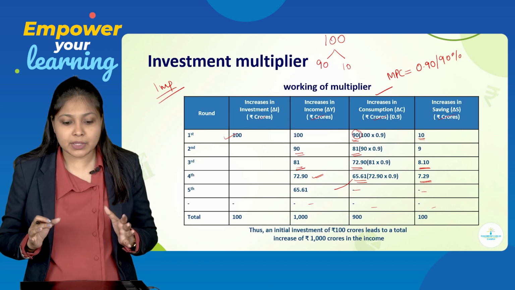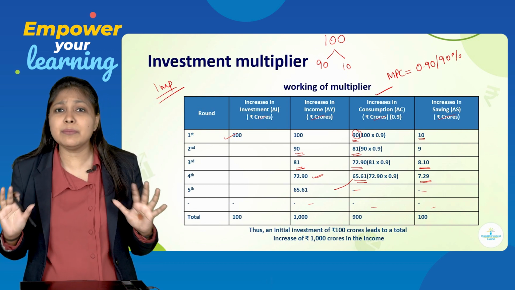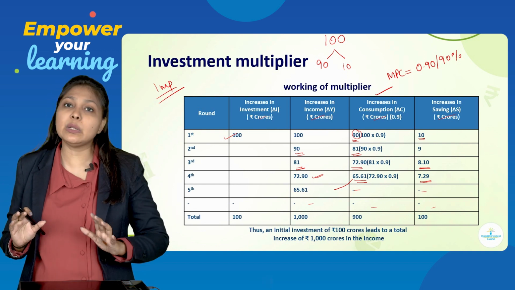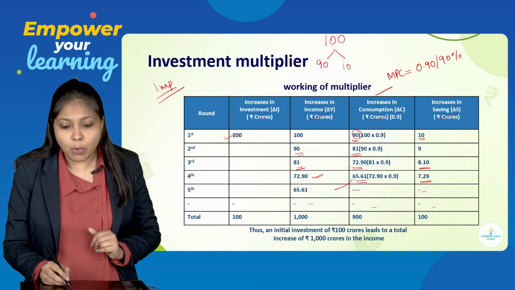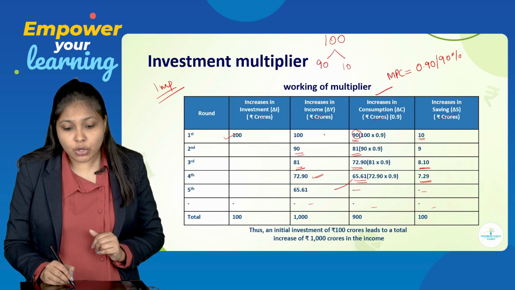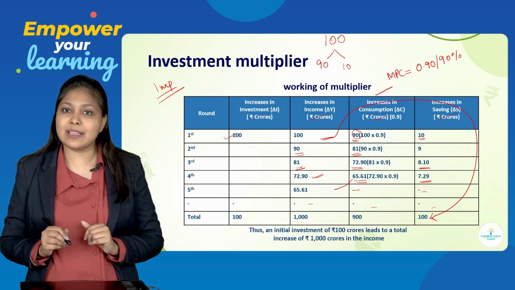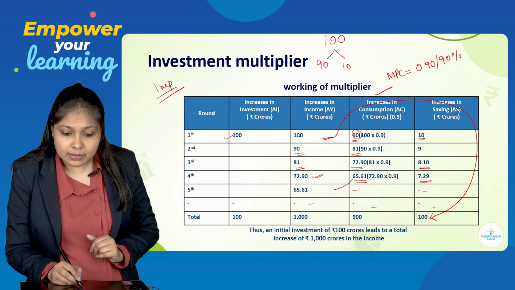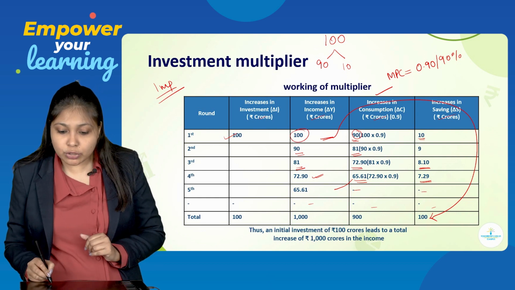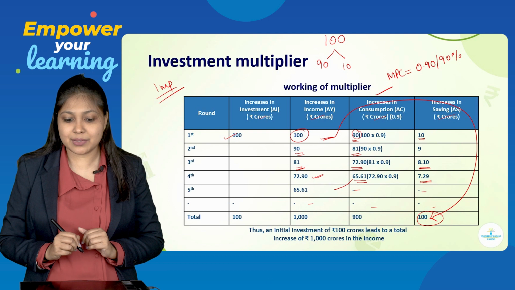Till when? Very, very important, till when will this go on? This will go on till the time your income becomes equal to the savings. So whatever is here should be equal to this.